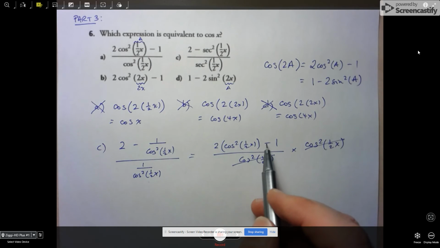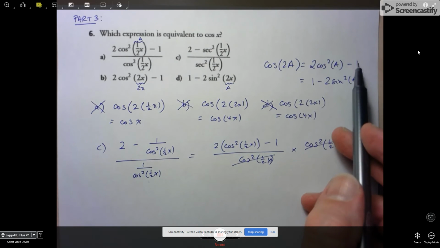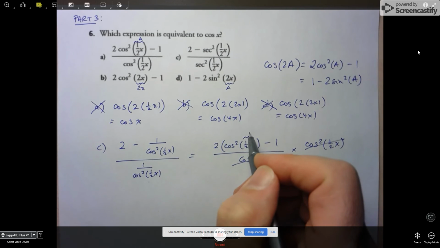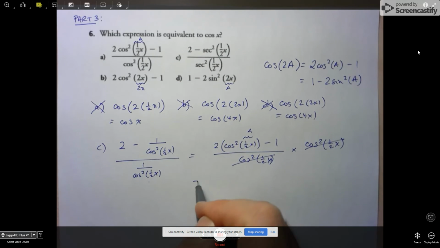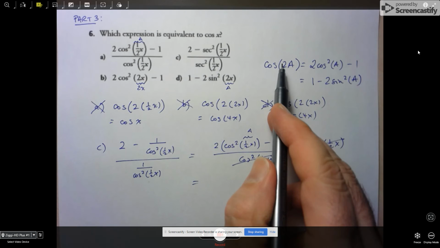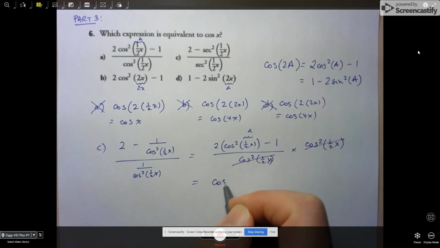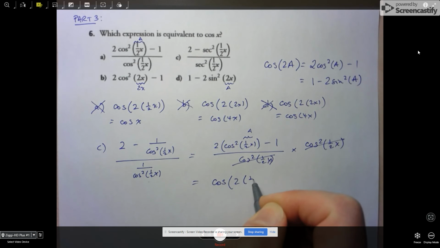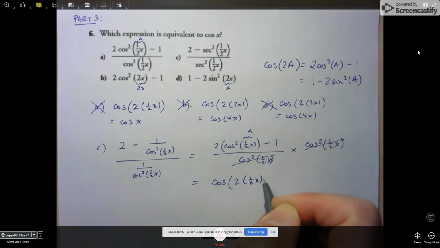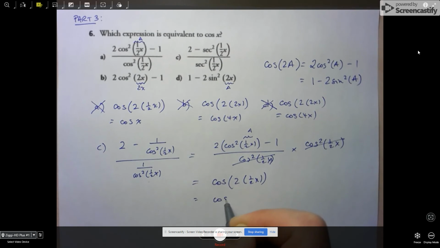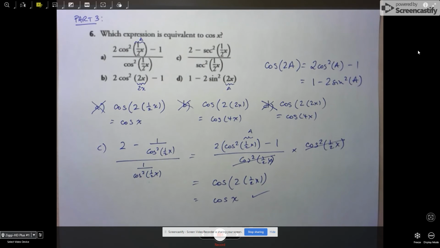I have something that looks a lot like the cosine double angle formula. So this is my A value. If I apply this formula in that direction, this whole thing in the numerator is just equal to cosine of 2 times 1/2 x, which of course is just equal to cos of x. And so we've proven that C is indeed the answer.